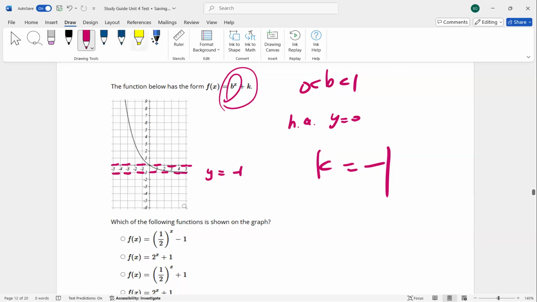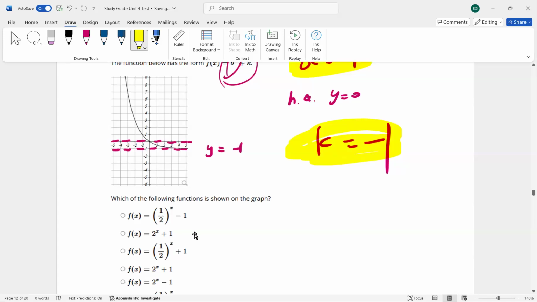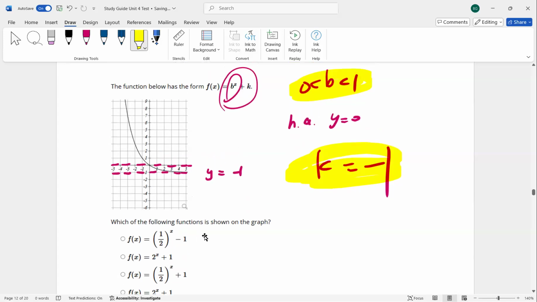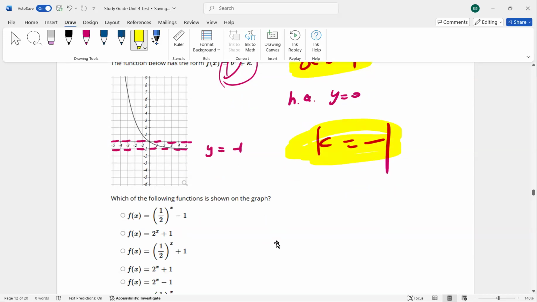So with those two pieces of information from the graph, let's choose the correct function. It makes it easier when it's a multiple choice question, right? The first one seems right because the base one half is between 0 and 1, and -1. The second one is out. This one is not. This one's +1.